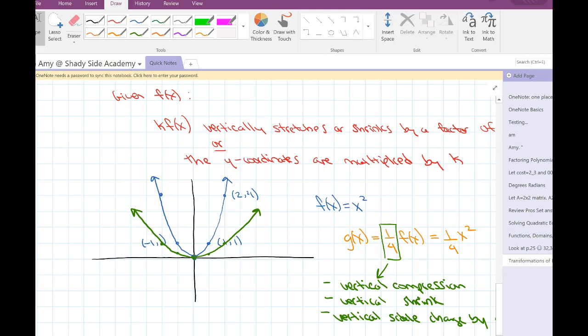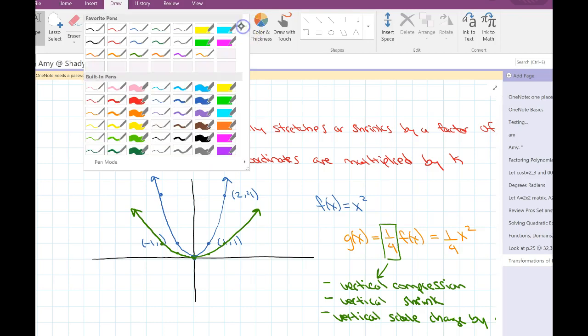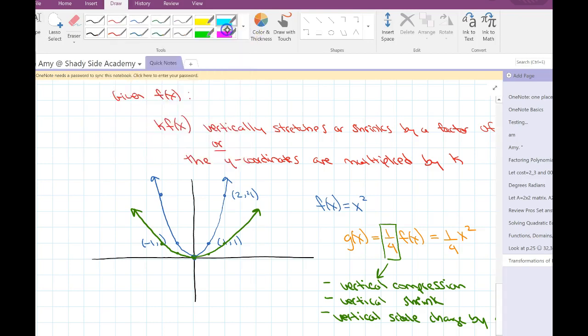So I could ask you this question. Given the generalization that we've made, which is that k times f of x results in a vertical stretch or shrink, tell me what value of k will result in a vertical scale change that will not modify f of x at all. Yes, if k equals 1, then there's no scale change whatsoever.